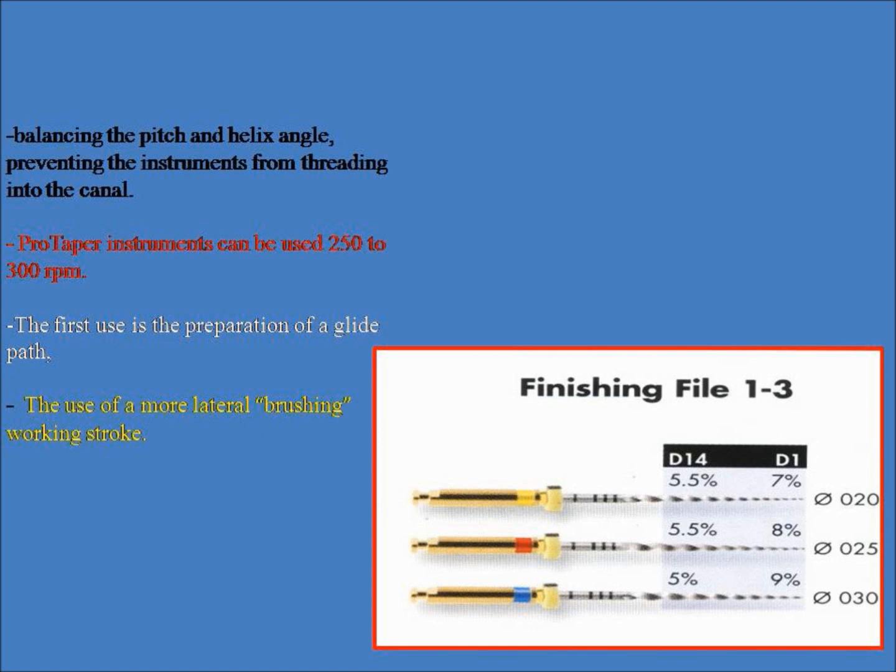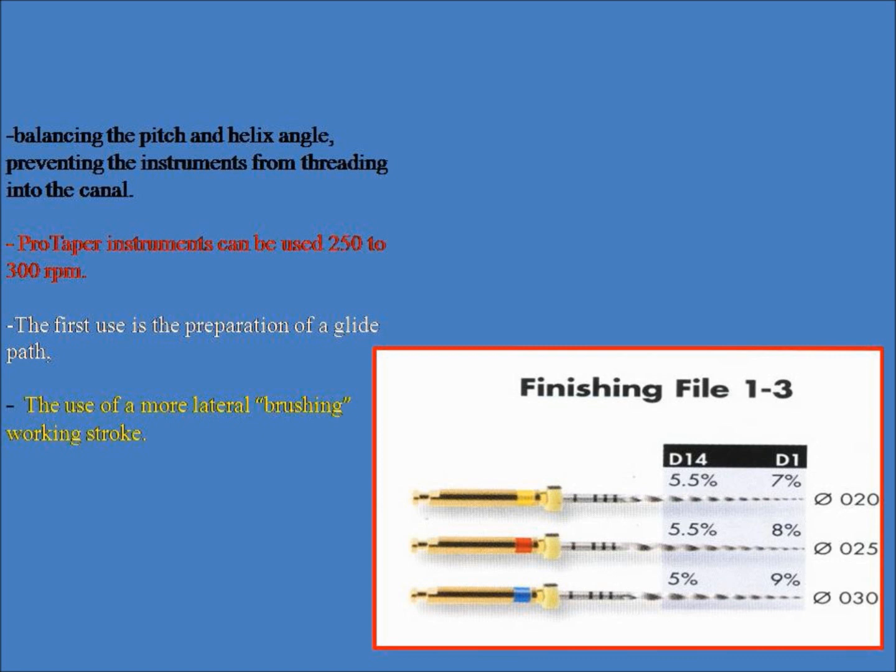The finishing files have a rounded, non-cutting tip. The convex triangular cross section of the ProTaper instrument reduces the contact area between the file and dentine. The greater cutting efficiency of this design has been improved by balancing the pitch and helix angle, preventing the instrument from threading into the canal.